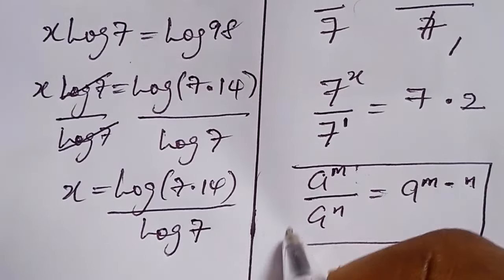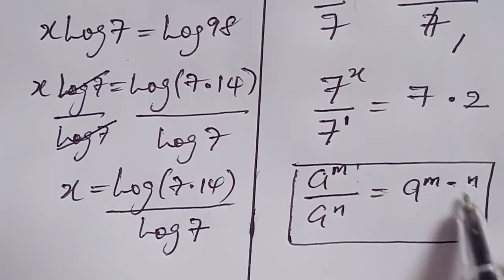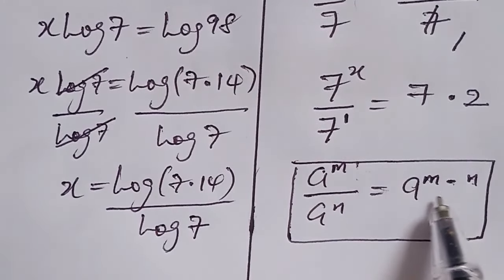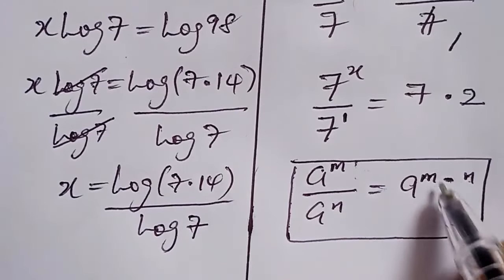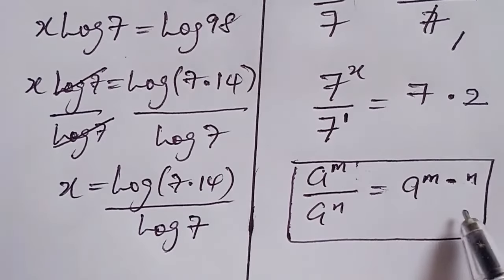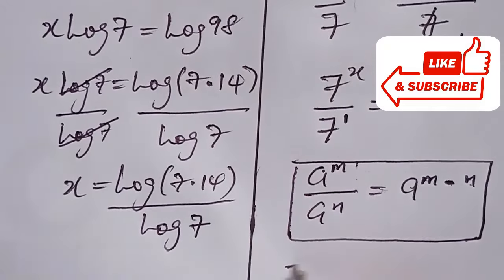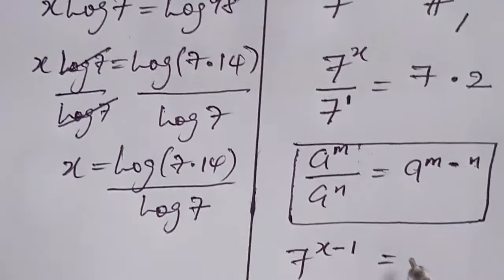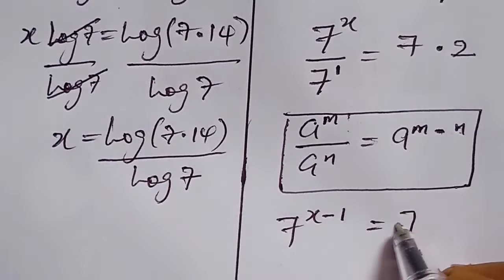If we consider this identity, then we can simplify the left hand side of the second method by transforming it to this part of the identity. So that will now become 7 to the power of x minus 1 equal to 7 multiplied by 2.